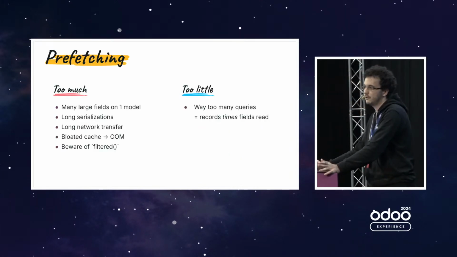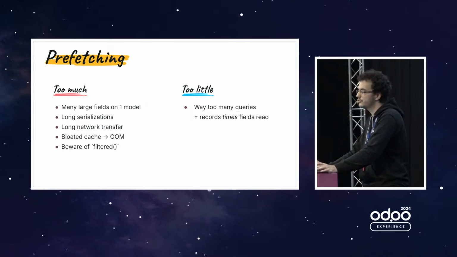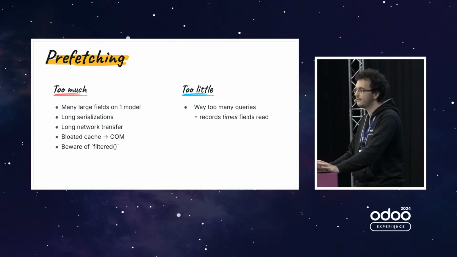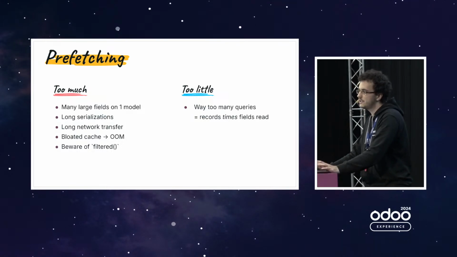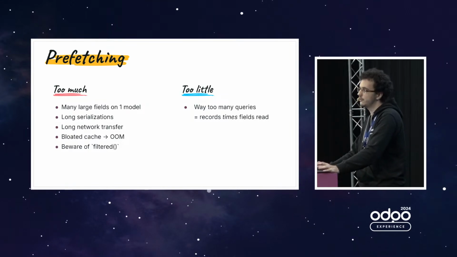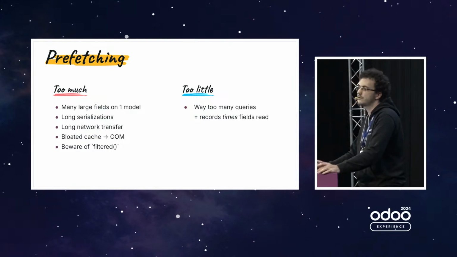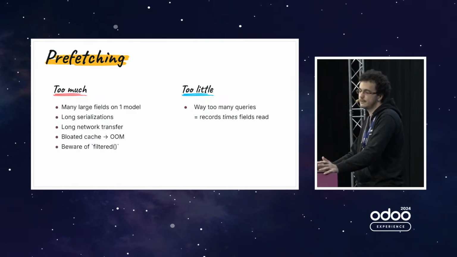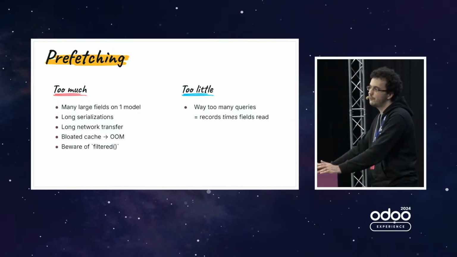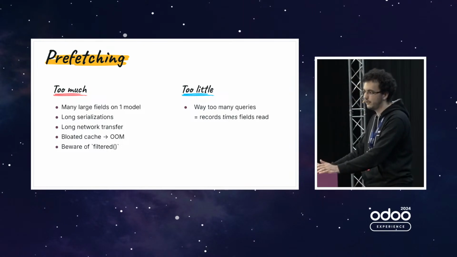Prefetching in Odoo is a term that's not really precise because there are two mechanisms for prefetching. You have the field prefetcher, which is the select statement basically. The select statement in your database has what's called the selection variable list, and that's the fields that are going to be selected on said table. The idea of the prefetcher is that if you request reading name on a record, there's a high probability you're going to read another field of that record.